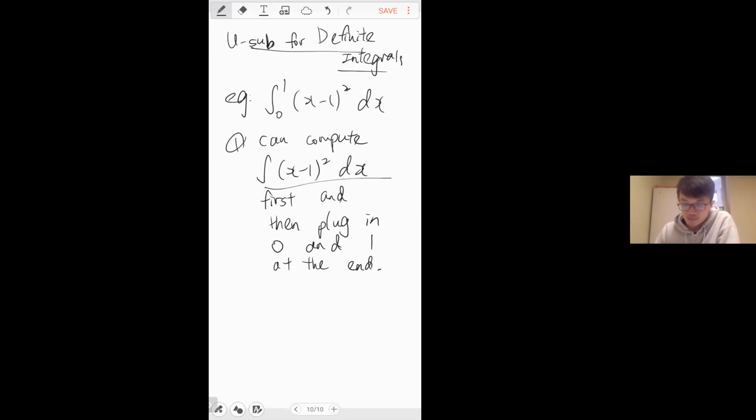To compute the integral of (x - 1)^2, you can either use the u-substitution or you can find an antiderivative right away. Or if you want to compute the indefinite integral, you can compute that right away as follows.